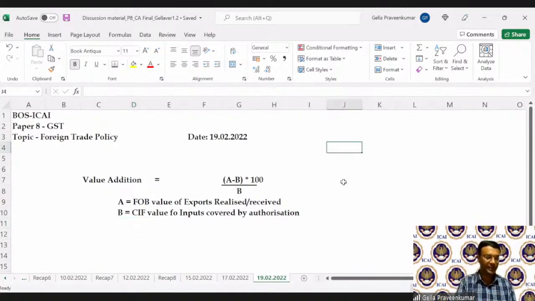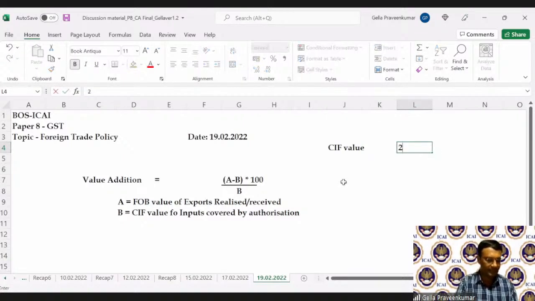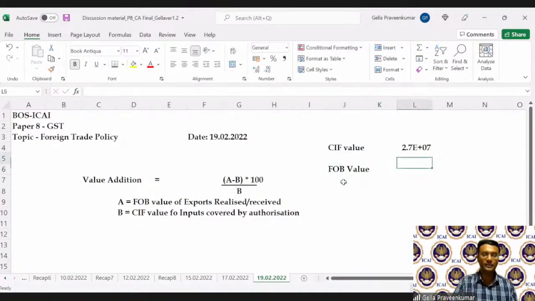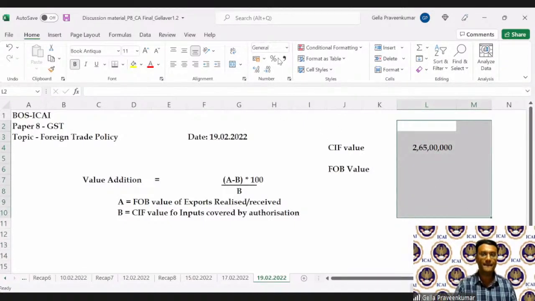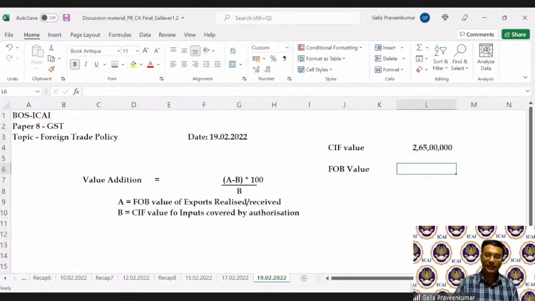So here, the CIF value of inputs is, say, 2 crore 65 lakh, and assuming my FOB value is 2 crore 90 lakh.